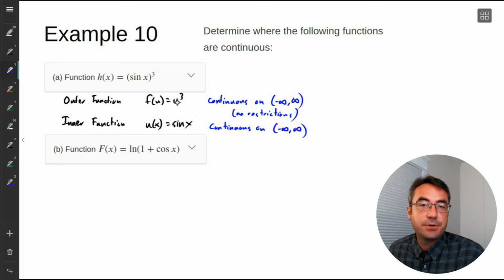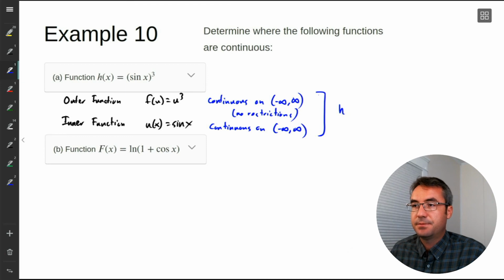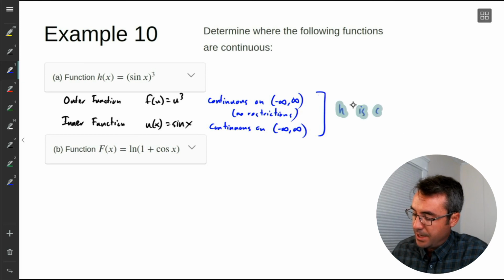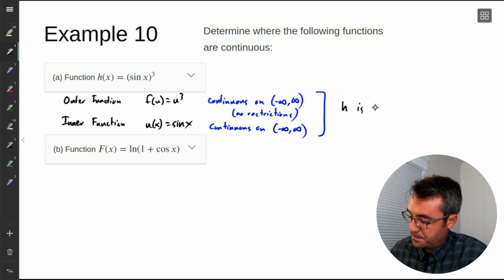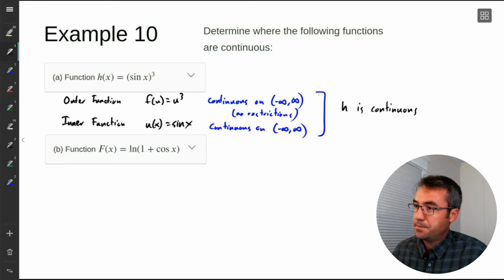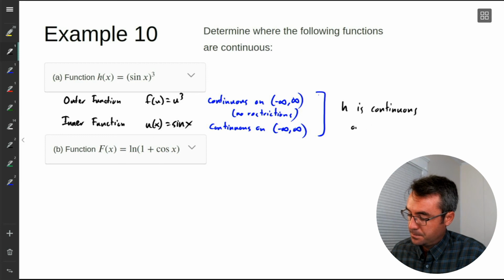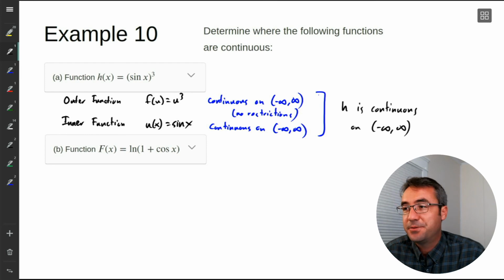So if our outer function is continuous everywhere and our inner function is continuous everywhere, when we put it all together, the composite function, sine of x all cubed, is going to be continuous everywhere as well. So h is continuous on the interval from minus infinity to infinity.